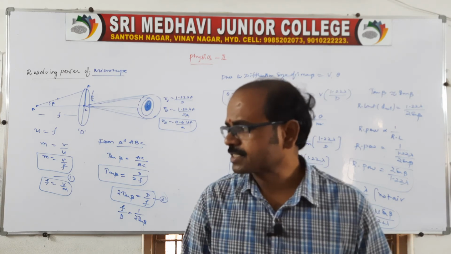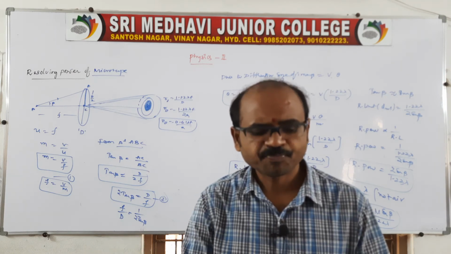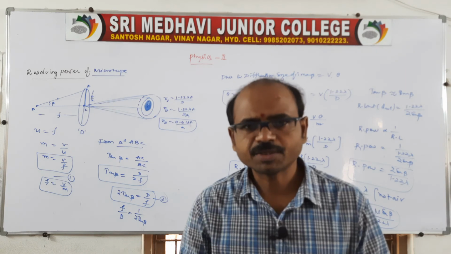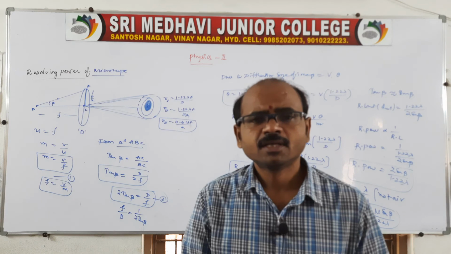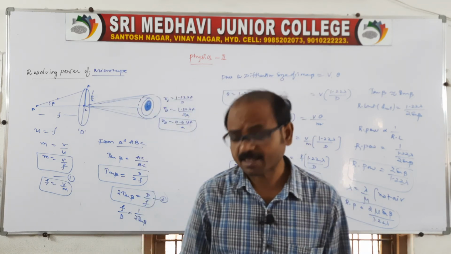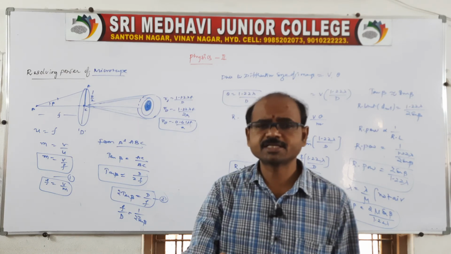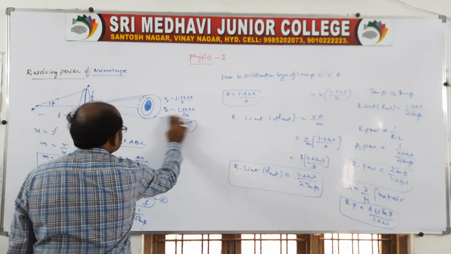One is rectilinear propagation, and it obeys reflection and refraction also. In this chapter, light obeys interference, and diffraction also. The next one is polarization, and the polarization concept is deleted for this year.